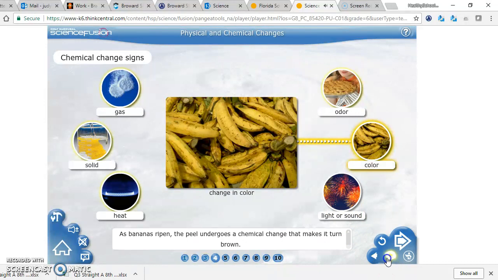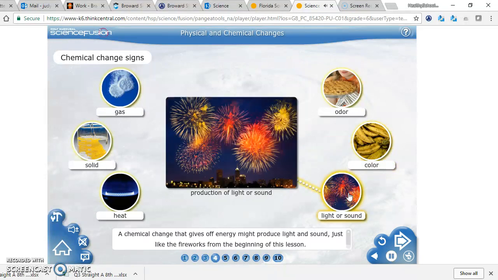As bananas ripen, the peels undergo a chemical change that makes them turn brown. A chemical change that gives off energy might produce light and sound, just like the fireworks from the beginning of this lesson.